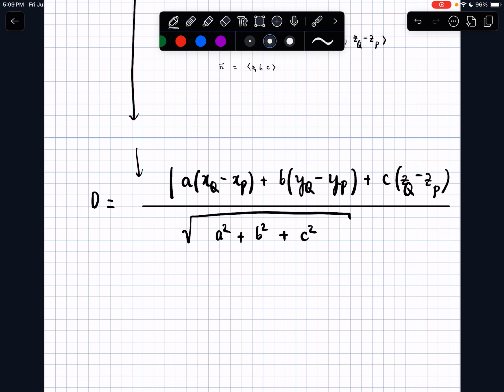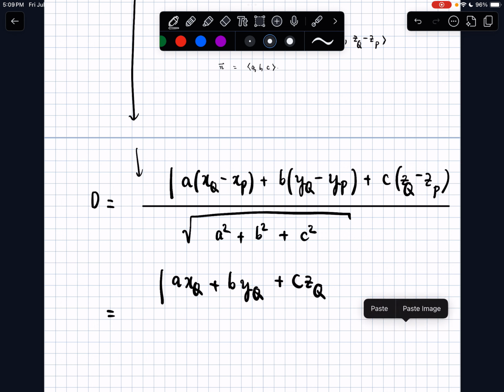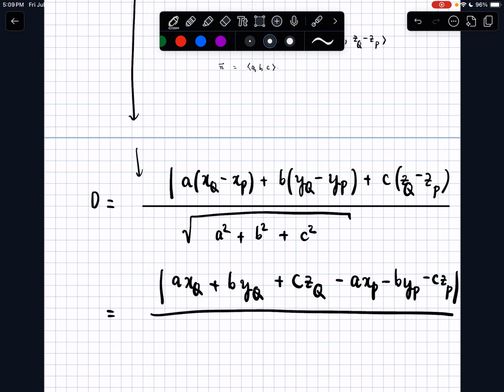Now we have this absolute value. We can write it by just distributing everything. We have a xq plus b yq plus c zq. What is left over is a xp, b yp, and c zp, divided by the square root of a squared plus b squared plus c squared.